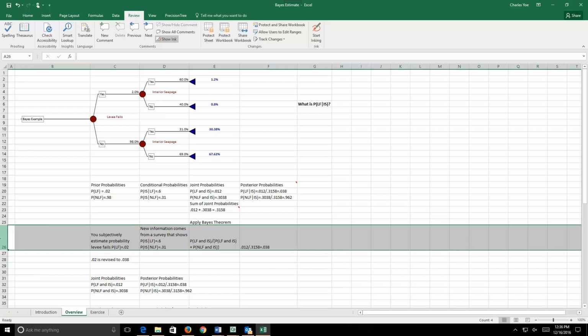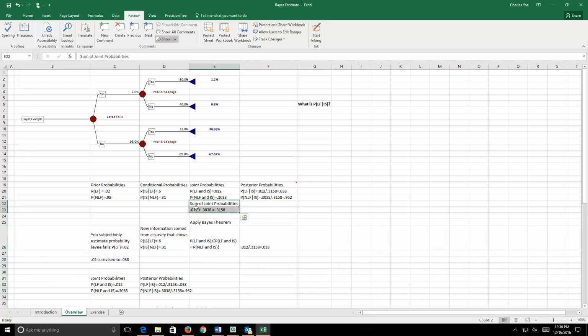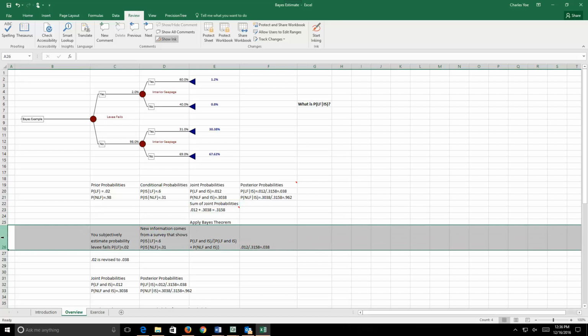So that denominator there, that is the total probability, the sum of the joint probabilities that was calculated here. And this is nothing but the marginal probability of interior seepage. So Bayes' theorem means taking a joint probability and dividing it by a marginal probability.